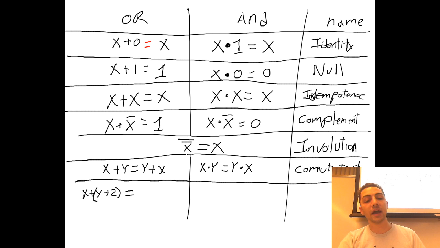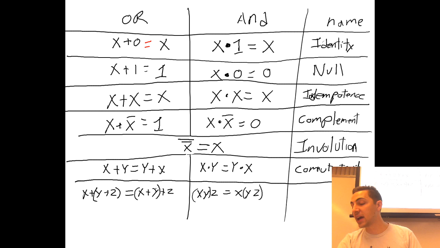We can do y OR z, then OR that with x, or we can do x OR y, and then OR that with z. And the same with ANDs: x, y, z, x, y, z. We can put the parentheses in any order we want, and that's associativity. These should be more familiar to you.